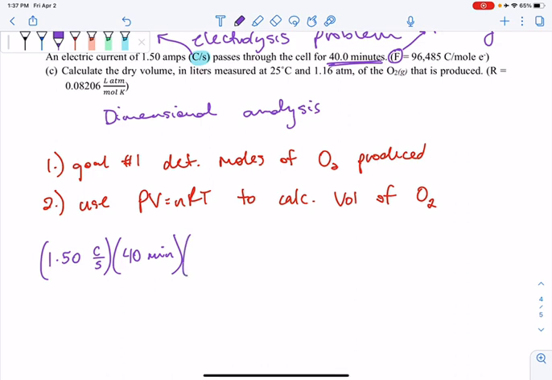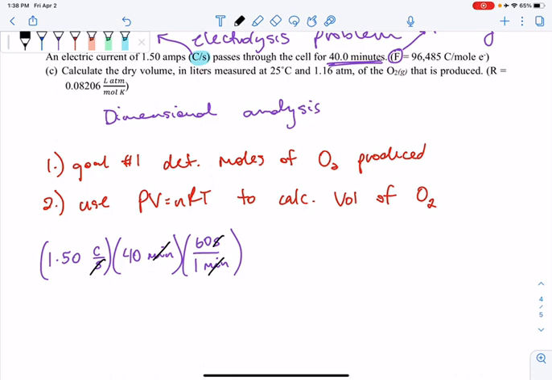We know that 60 seconds is in 1 minute. Now let's start canceling our units. Dimensional analysis is key here. The minutes cancel out, the seconds cancel out. Amazing. So now we're just left with coulombs.